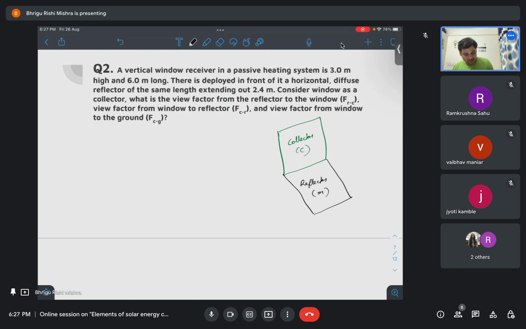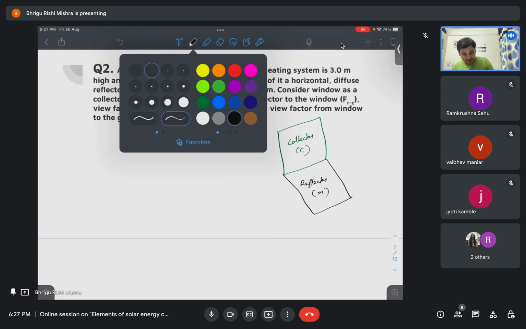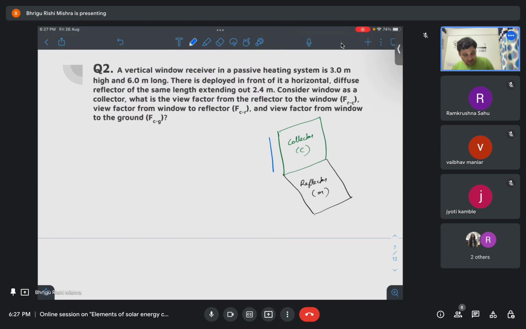Now suppose the collector length is N, reflector length is P, and collector and reflector both have the same width M, and the angle between reflector and collector is psi.